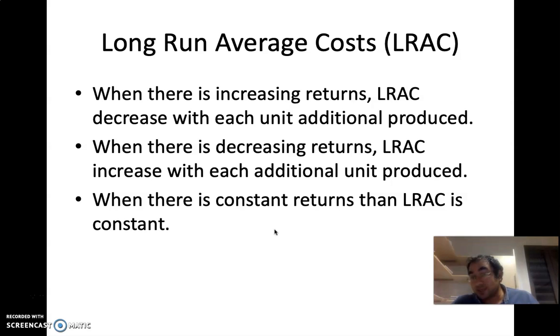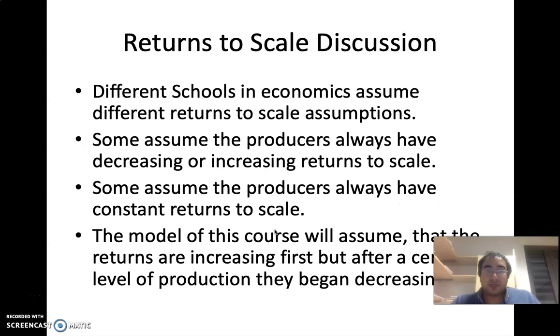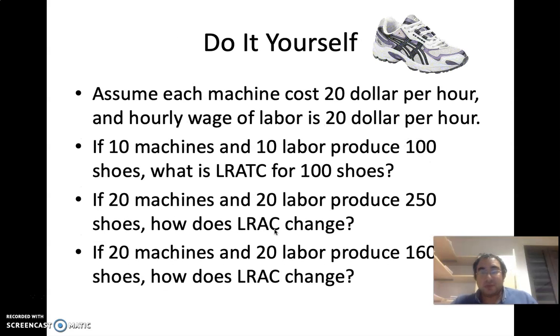The average cost will increase when you produce more. We are talking about average cost, not the total cost. Note that. So on average, the cost will increase when you have decreasing returns. And when you have constant returns, long-run average costs are constant. Okay, you can see this example, which is very straightforward in my opinion.